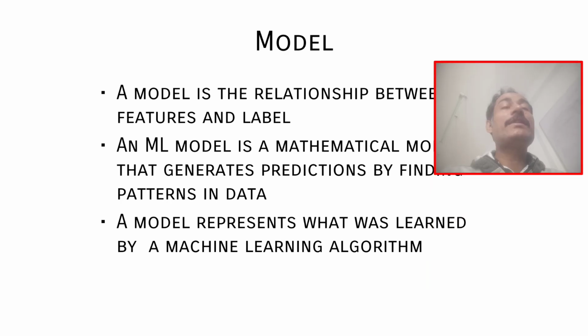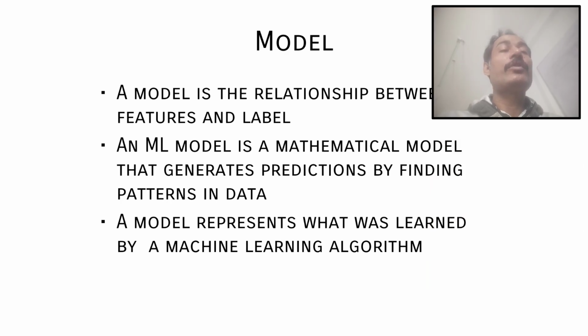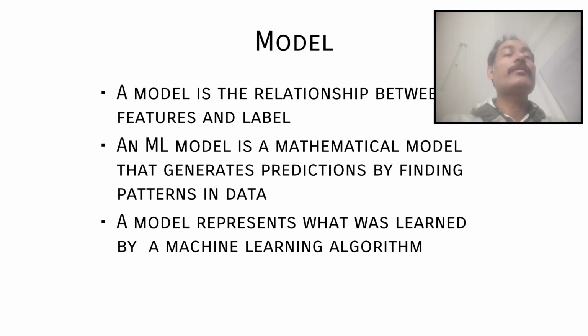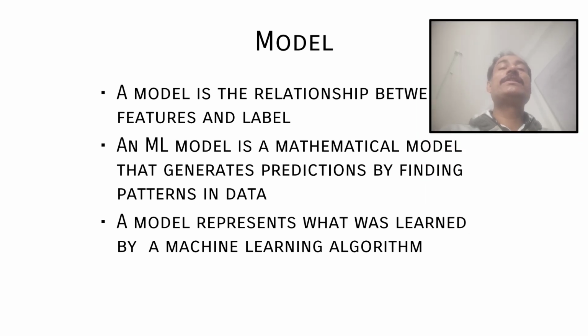The next terminology we are using is model. A model is the relationship between features and the label. This is a very simple representation. An ML model is a mathematical model that generates predictions by finding patterns in data.